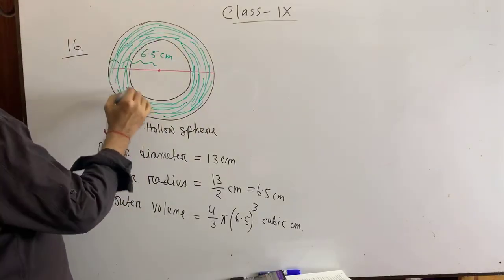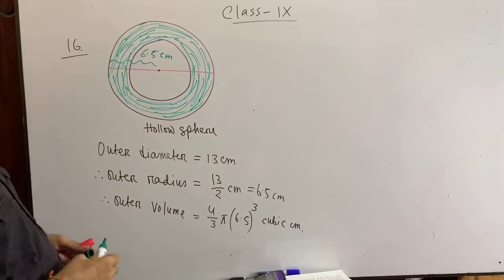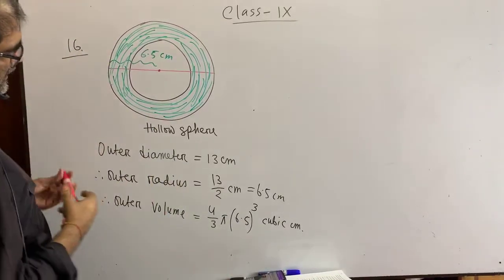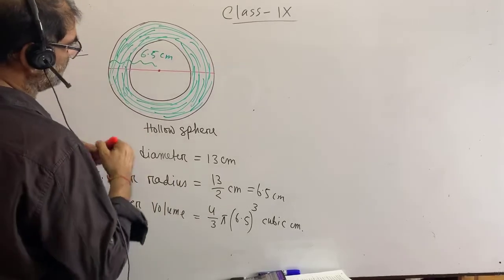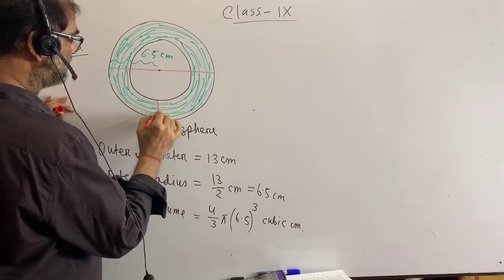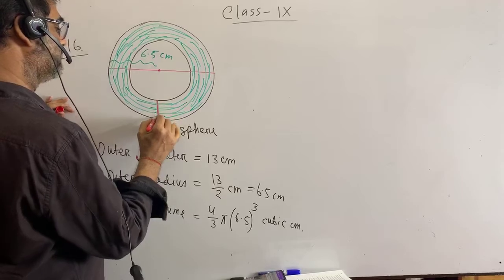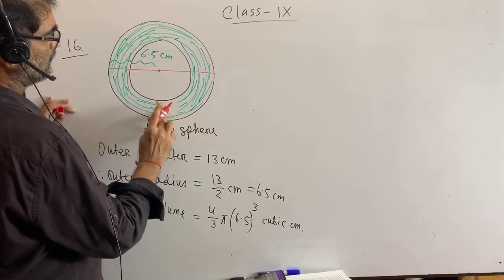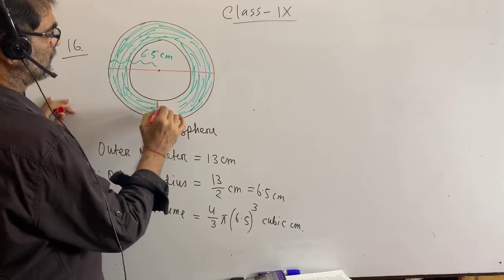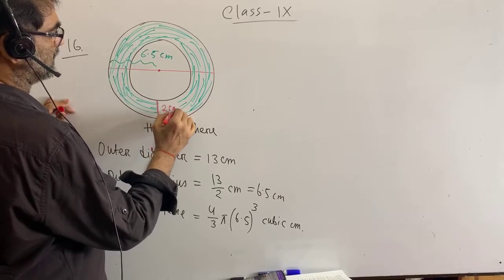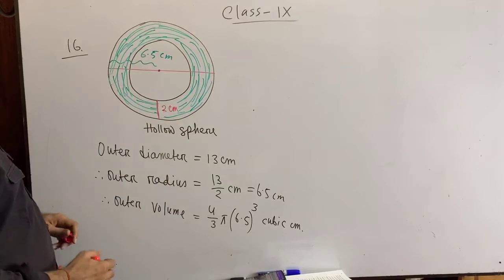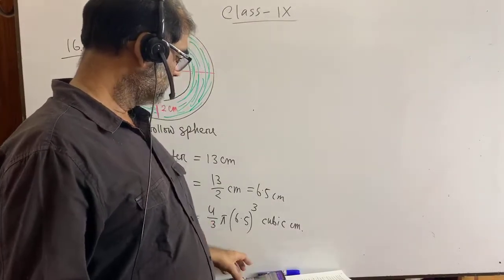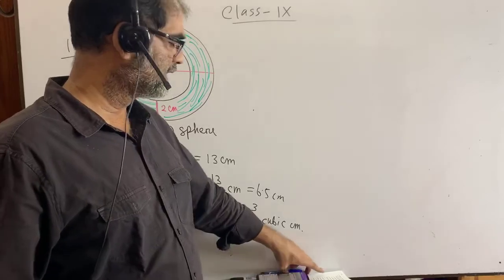This is made of iron. Now you see its thickness of iron, that means this length is 2 centimeter. Now can you find out the inner radius?